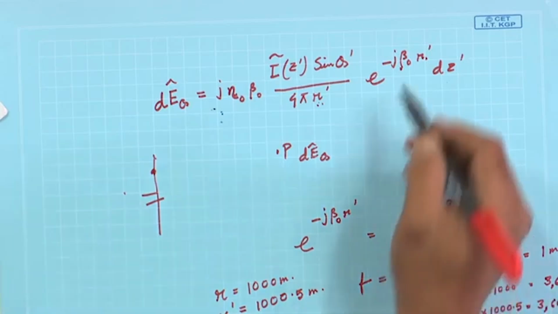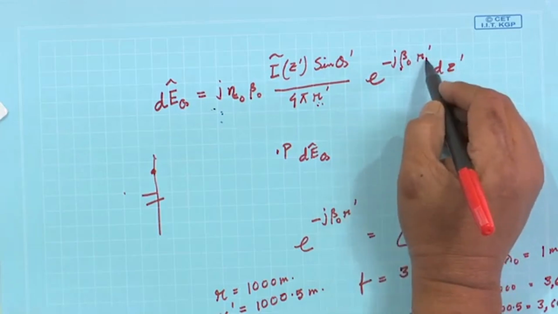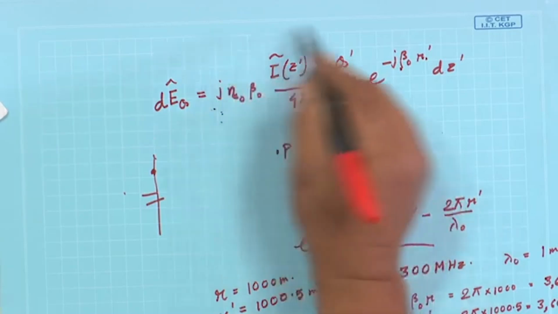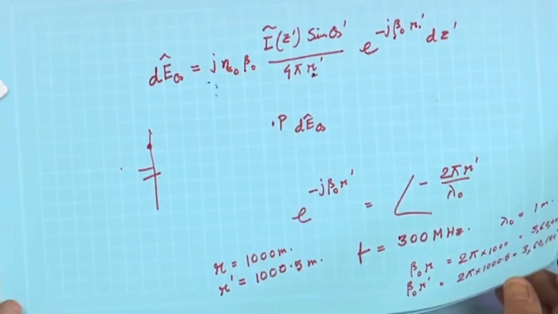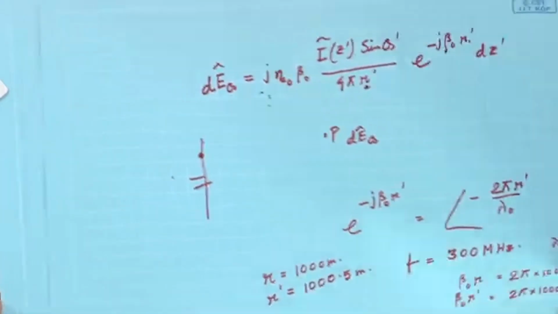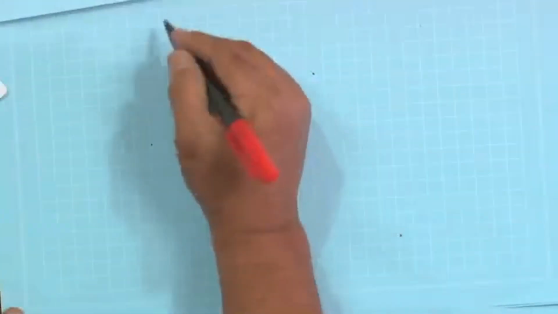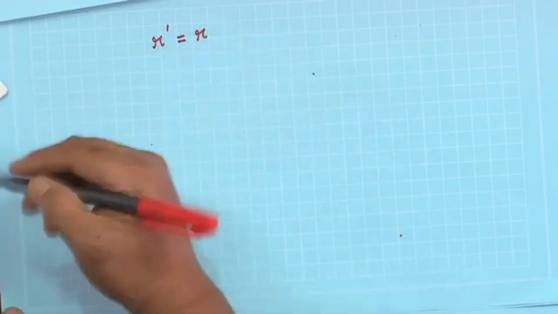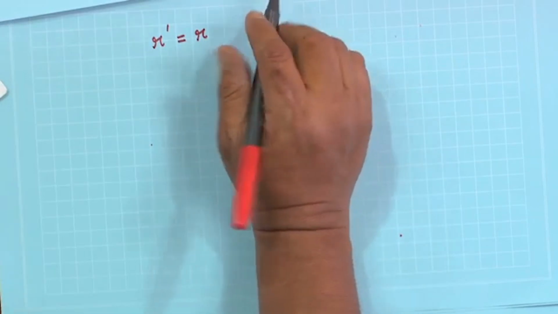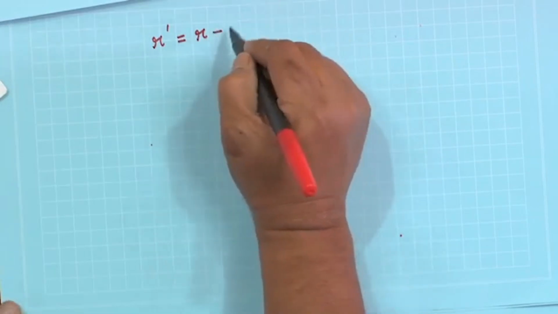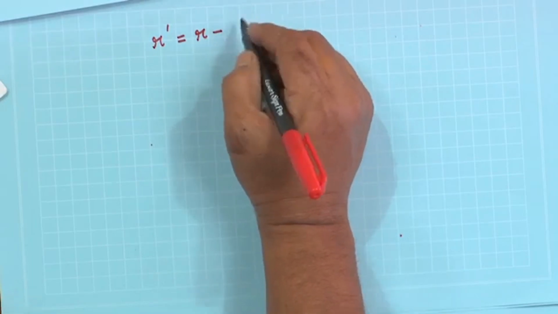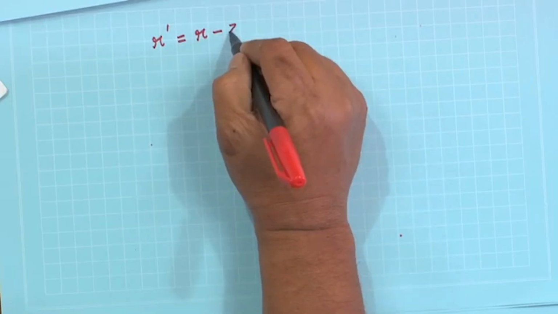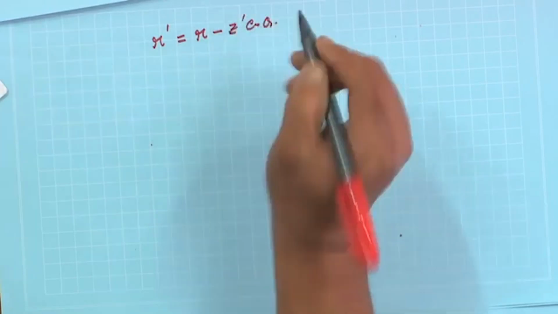So, that is why we cannot substitute that all r dash are equal here, but we can do this in the amplitude part, because that comes in the denominator. So, here in the phase part, what we will do, as I said, from the geometry shown here, I can write r dash is r minus z dash cos theta.